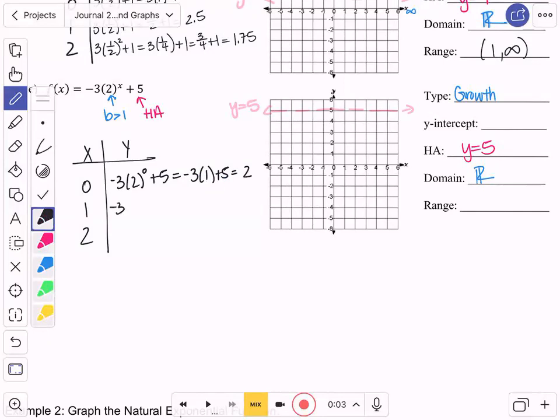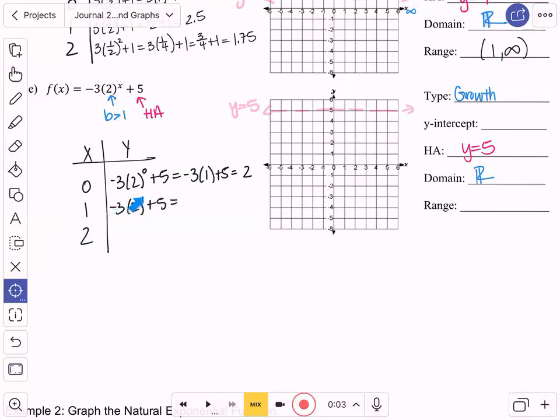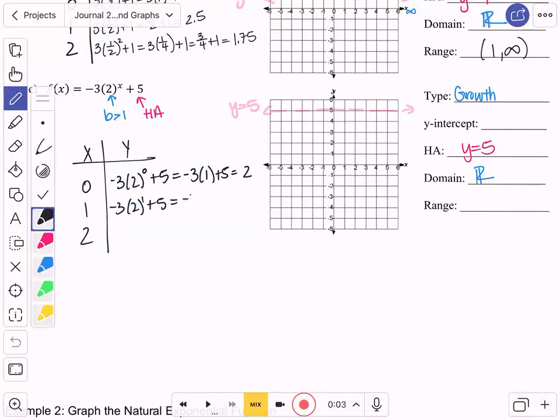If I plug in 1, that's going to be, let's see, 2 to the first power is just 2. 2 times -3 is -6, plus 5 is going to give me -1.